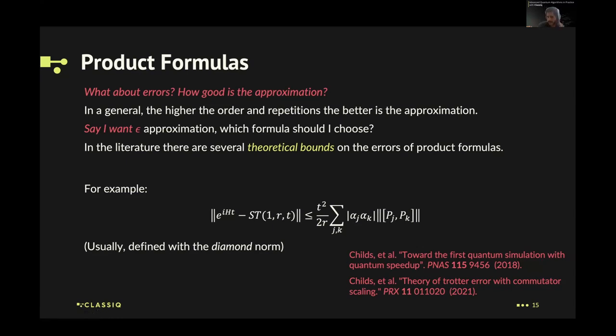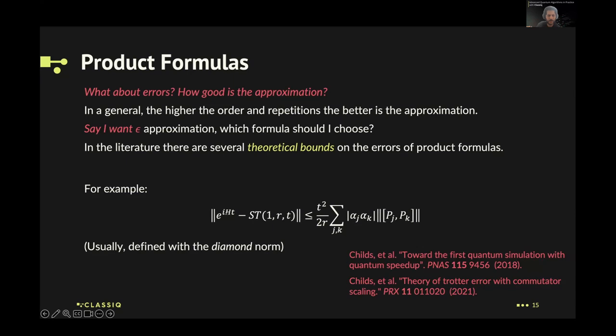Now this is not an easy question. There are several papers that treated this question, and in the literature, what people give are theoretical bounds for the errors of these product formulas.